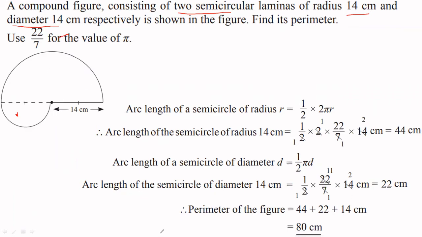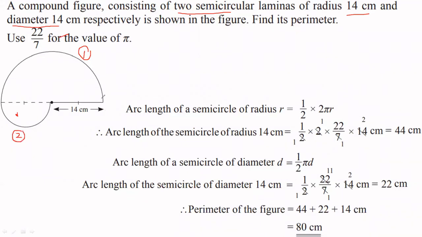Here the perimeter means how many parts we have to add. You have to add the distance from here to here. So this arc should be added. That is 1. Perimeter means length around the figure. So you have to add here to here, that's a semicircular arc. After that you have to add this semicircular arc also. That is the second part you have to add.